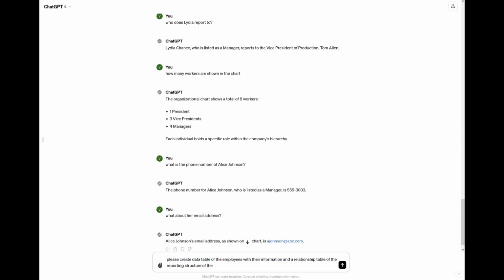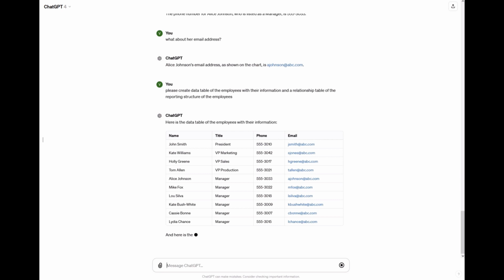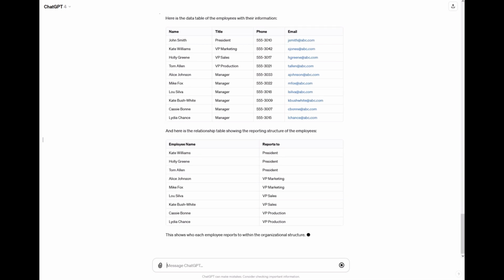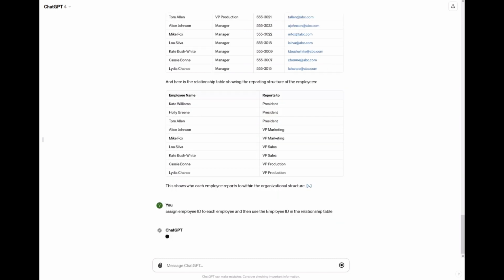According to ChatGPT, when an AI system like ChatGPT looks at an image of an organization chart, it first takes the picture and uses special computer tools to find and read any text, like names and job titles. This is done with a technology called optical character recognition, OCR, which helps the AI see and read the text in the image. Then the AI also looks for lines and shapes that show who is in charge of whom, kind of like figuring out a family tree, but for people at a company.